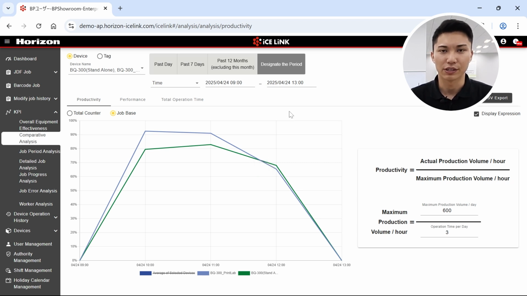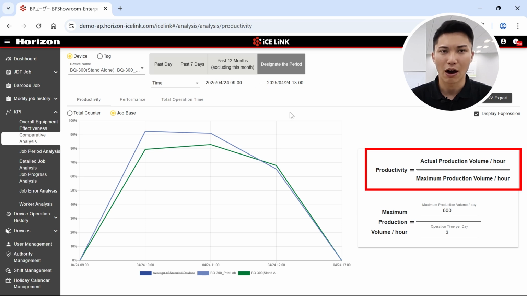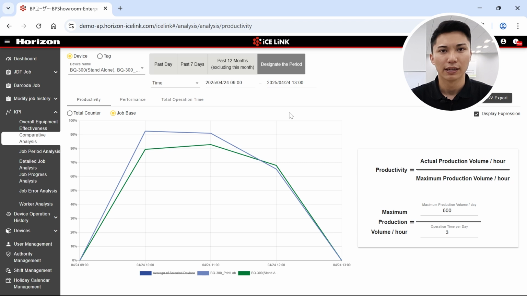Let's check productivity. This means the achievement rate against the maximum hourly production volume. Looking at it over time, you can see there is a large difference immediately after the start of work here.